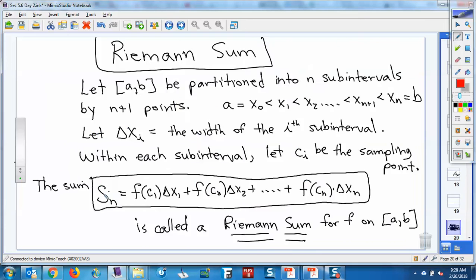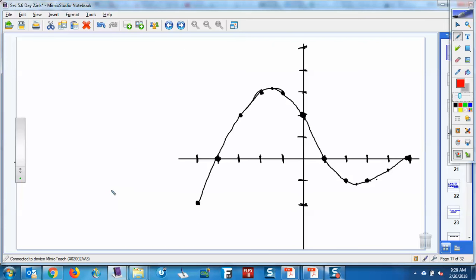We had f of -2 times 1, we had f of -1 times 1, we had f of 0 times 1, we had f of 1 times 1. We were writing out a Riemann sum. So, this sum is called a Riemann sum for f on the interval AB.